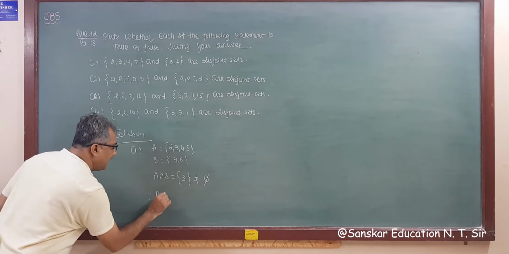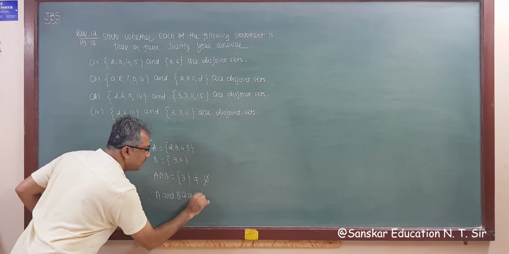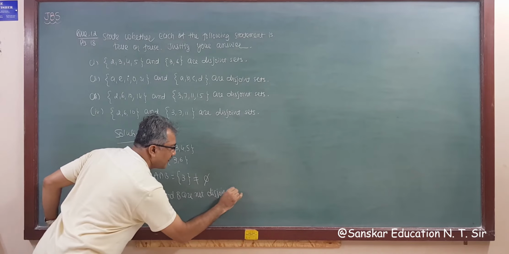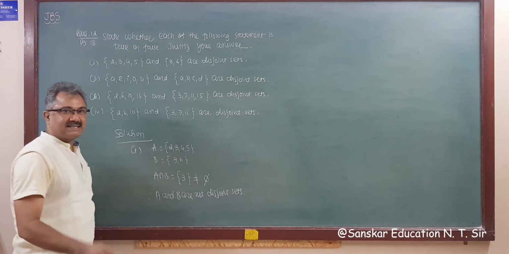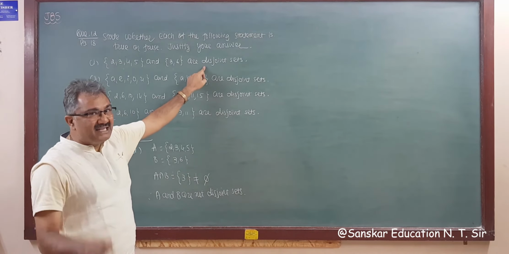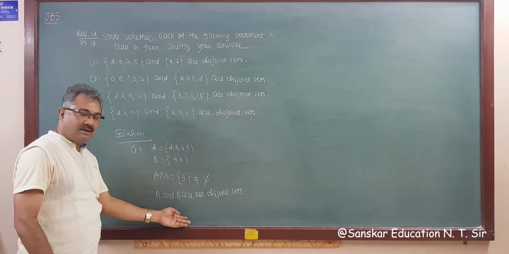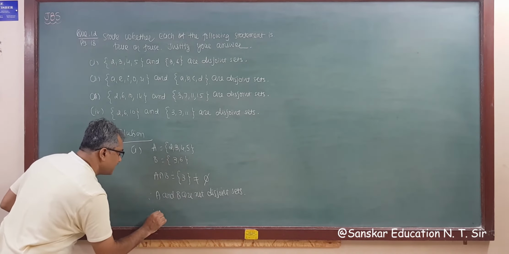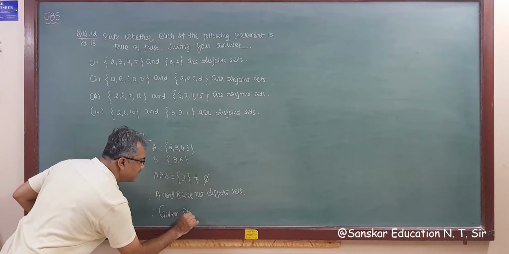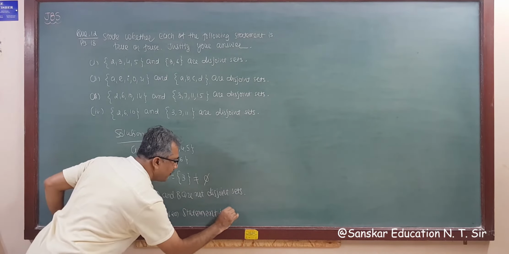Therefore A and B are not disjoint sets. And what is given? A and B are disjoint sets, so the given statement is false. This is your justification, right? So the given statement is false.